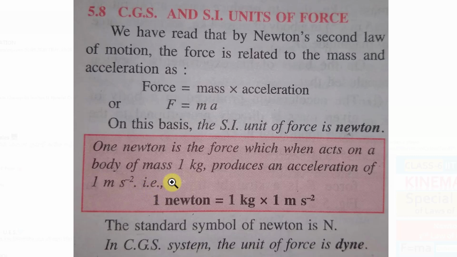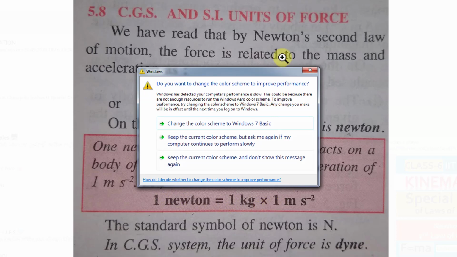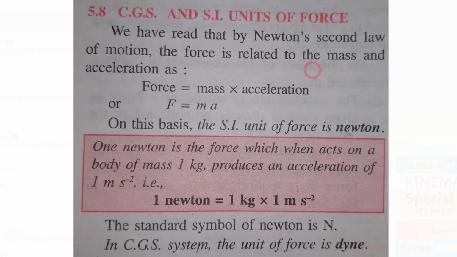So 1 Newton is equal to 1 kilogram into 1 meter per second square. So the SI unit of force you can say Newton, or kilogram meter per second square.